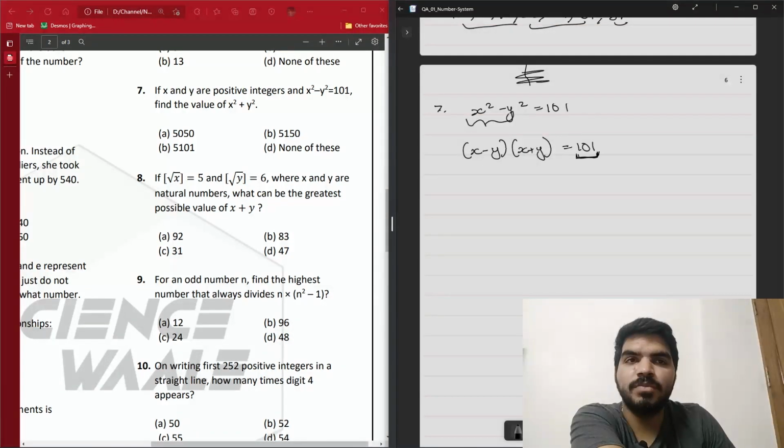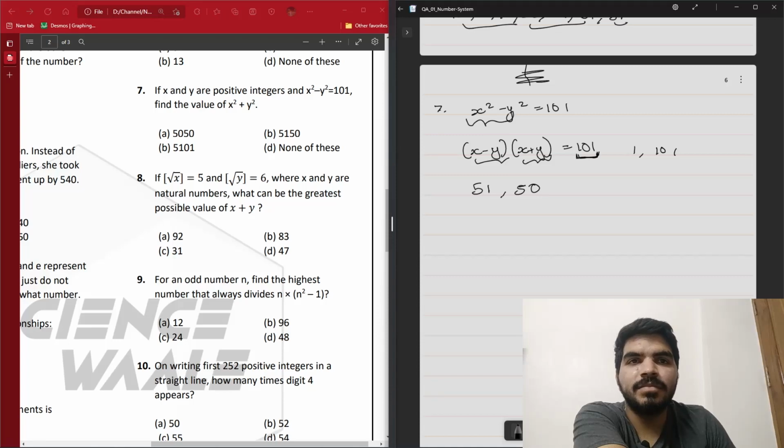So no two numbers multiplied can ever give 101 as product, except 1 and 101 itself. So one of them has to be 1 and one of them has to be 101 itself. Tell me two numbers which can give difference of 1 and sum of 101. Obviously 51 and 50.